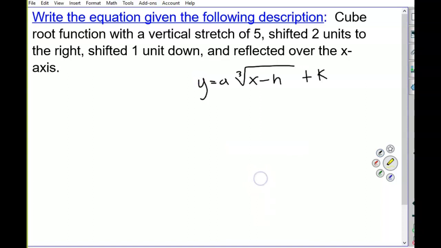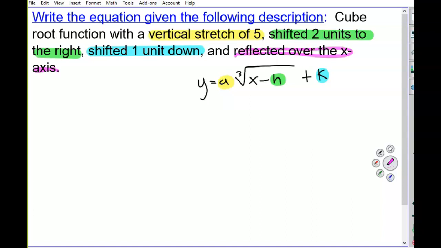And then I'm going to say, all right, we have a vertical stretch of 5. Well, that vertical stretch is my a value. And then it's shifted 2 units to the right. So that's going to be my h. I'm shifted down 1 unit, that's my k. But then I have a reflection over the x-axis.